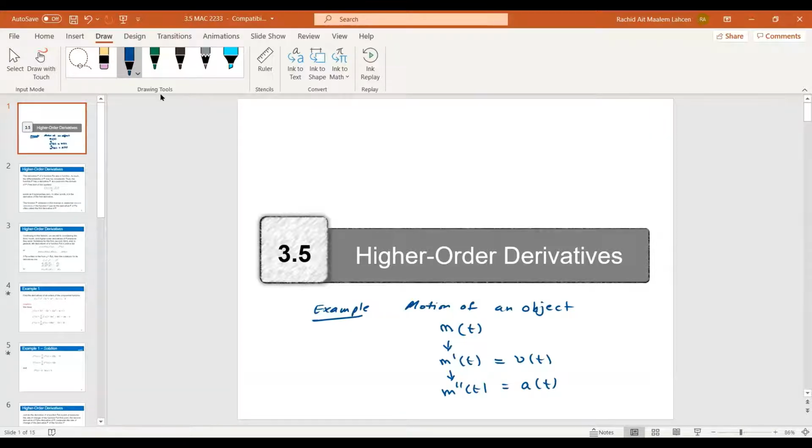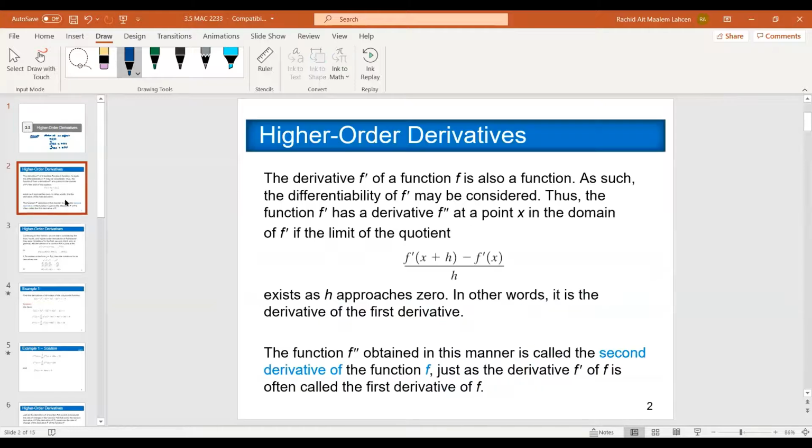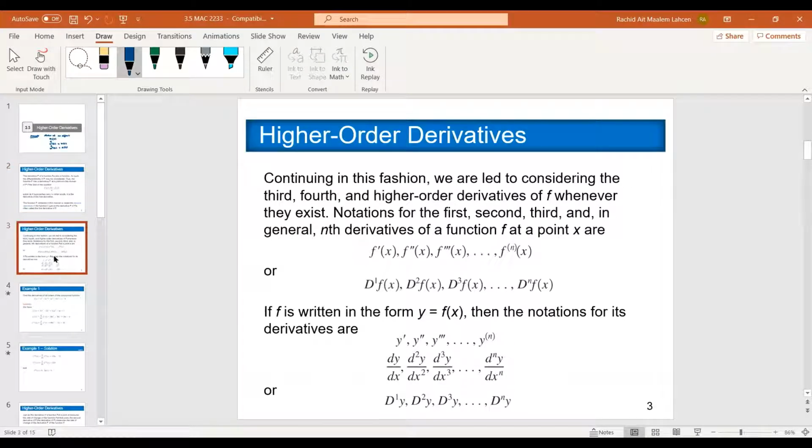So you see, there is a meaning for these higher order derivatives, and we need to know how to find them. Likely the process is once we know how to find the first one, we can just differentiate again to find the second or the third. Based on that definition that we used for the quotient, where we transitioned to using the limits, the derivative as a rate of change becomes a function itself, and we can similarly do this for the second derivative.